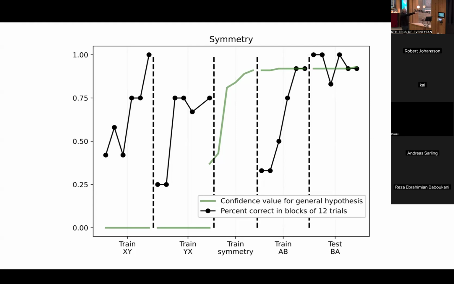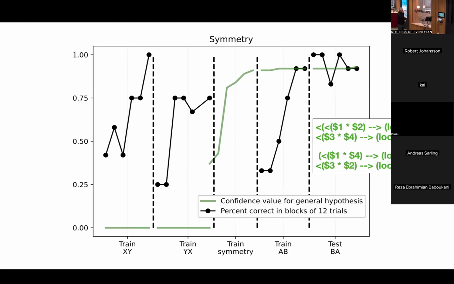Then the system, without feedback in the final phase, says test BA. Without feedback, it can then derive that in the context of B1, I should pick A1. So it's a more abstract description. As I said, it's represented in NARS as a higher order functional equivalence.